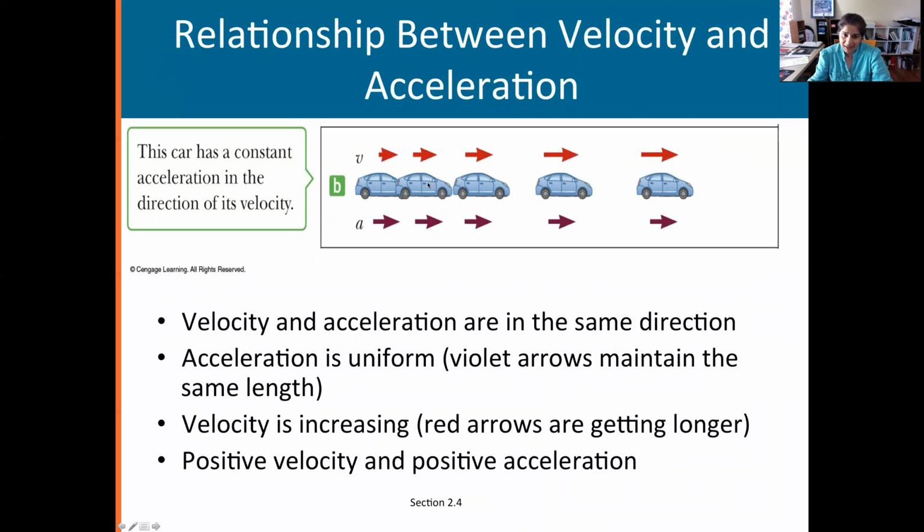It means we're going to have an acceleration. Looking at the acceleration vectors, they all look to be of the same length, so it suggests that we have a uniform acceleration, also to the right. Velocity and acceleration are in the same direction. What does that imply for the speed? It implies the speed is increasing to the right, so this car is speeding up. We could tell quite a lot from this one diagram.